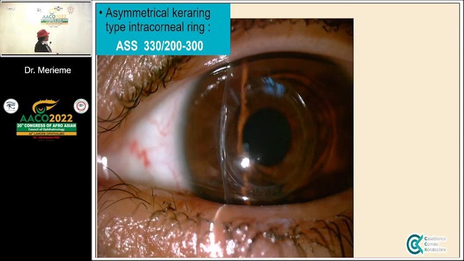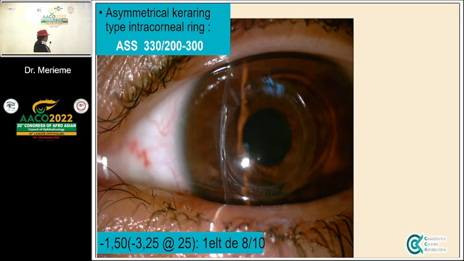So in this example we have an asymmetric ring. We have 200 and 300 in thickness, and the length is 330, and we have good results with this patient. Now 8/10 with this ring.